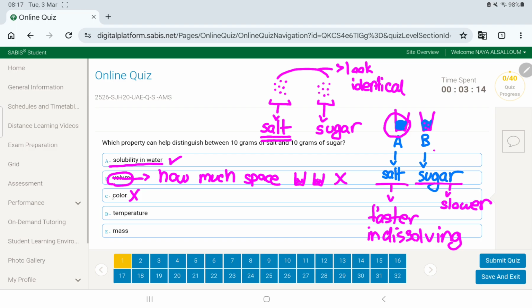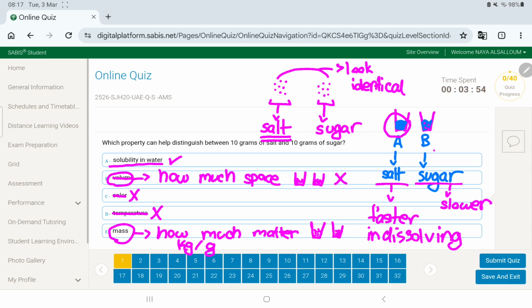Temperature, you can't really tell the difference between sugar and salt using the temperature. How are you gonna do it? You're gonna measure the temperature for salt and sugar? No, obviously it's not gonna make sense. The mass is how much matter, or in other words, how many kilograms or grams. So once again, let's say you have these two cups, one filled with salt and one filled with sugar.